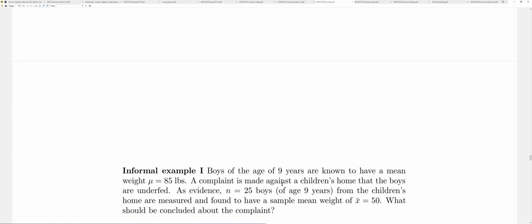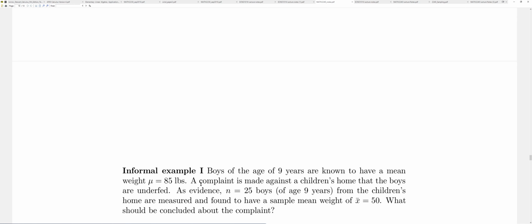So what is done is you take 25 of these boys, of age 9 years, and you measure the weight and take the average for the 25. That average is small x bar, which is 50. The question asks, what can be concluded about the complaint? Is the complaint valid?